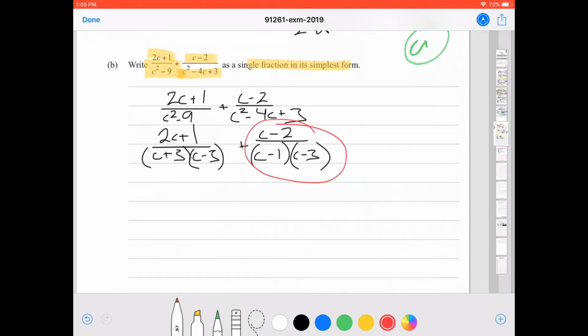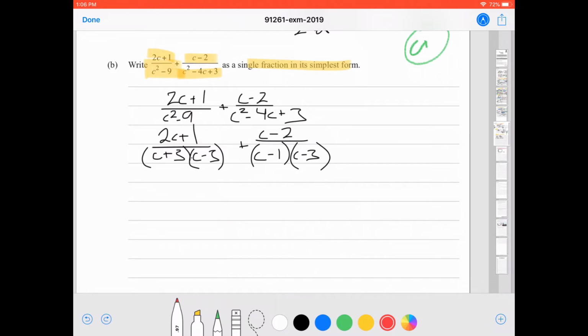There's one common between the two of them, c minus 3, and they both have one difference, c plus 3 and c minus 1 respectively. Let's multiply. We can actually multiply these fractions and make them have a common denominator. So let's just go ahead and do it. I'll show it to you.